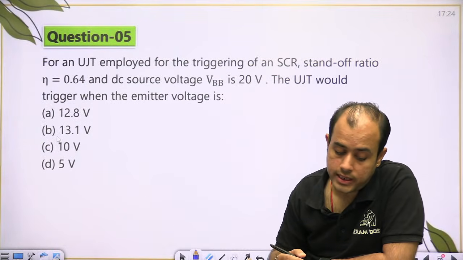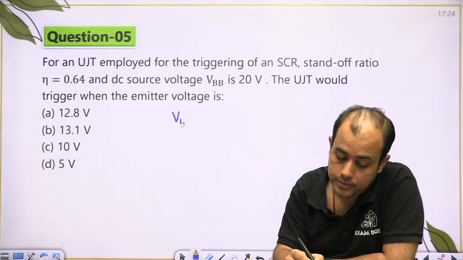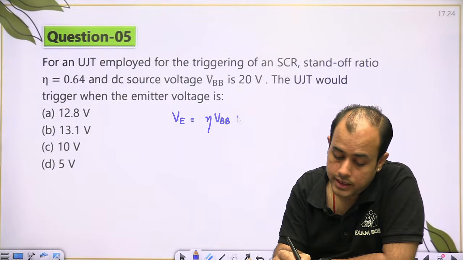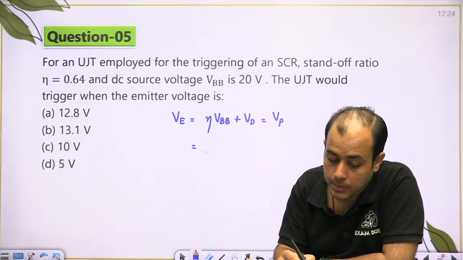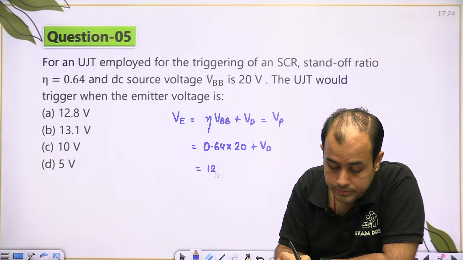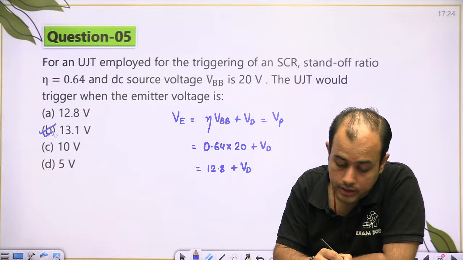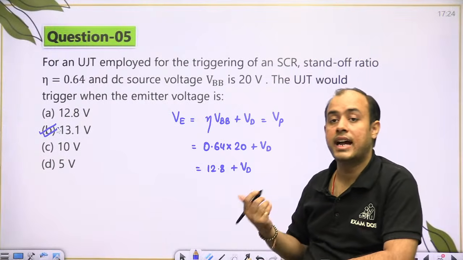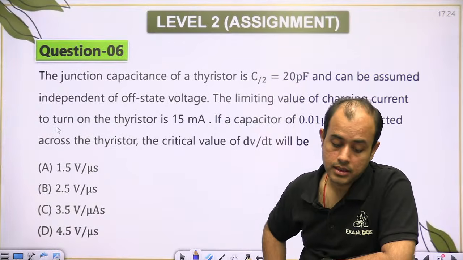UJT employed for triggering, eta is given, VBB is given, emitter voltage. So for triggering beta, we need this, which is VP. ट्रिगरिंग के लिए एमीटर पे VP के बराबर वोल्टेज आना चाहिए. So I will choose 13.1. 13.1 that is above 12.8. मैं 12.8 से बड़ा चुनूंगा.